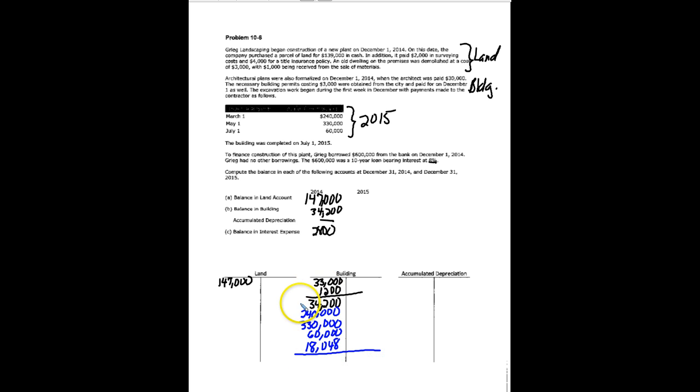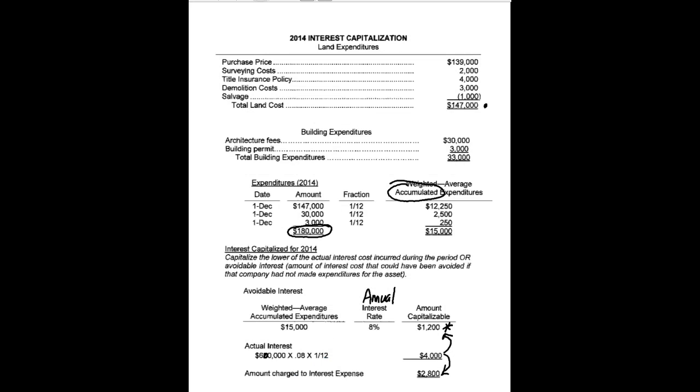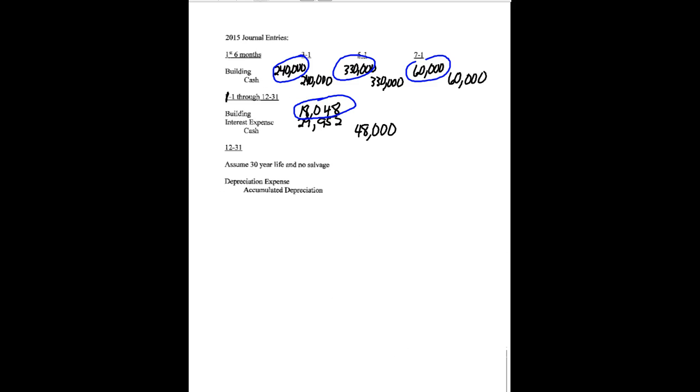Okay, if I add, starting with my balance of 34.2, add all of these up, I get 682,248. Nothing happened to the land in 2015. So the land still has a $147,000 balance. Cost hasn't changed. The building has a balance of $682,248.